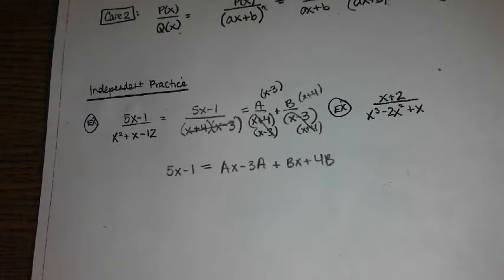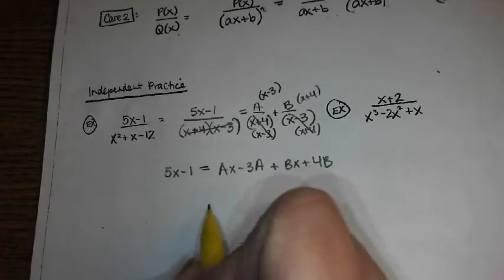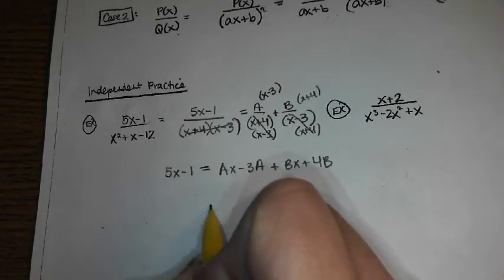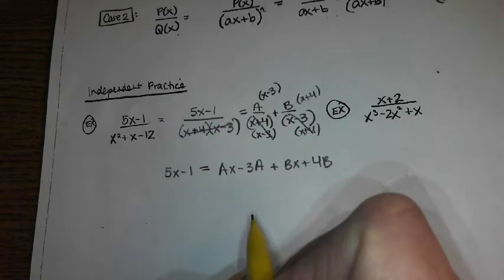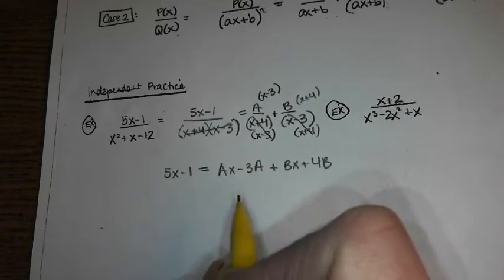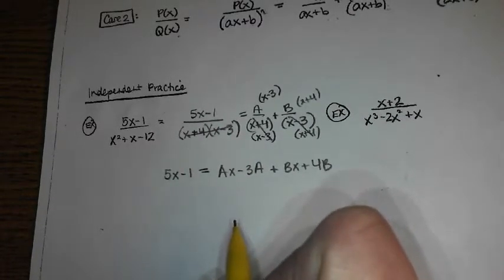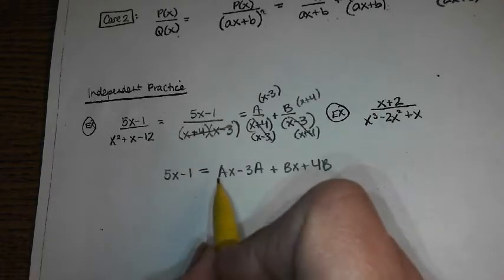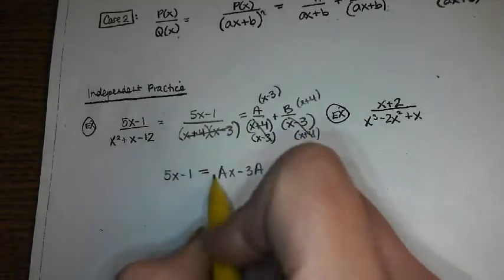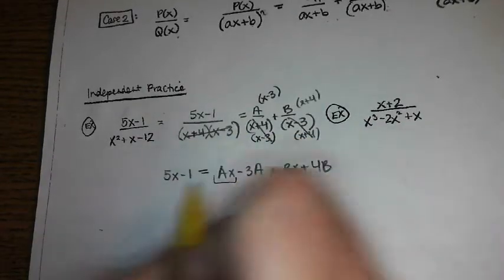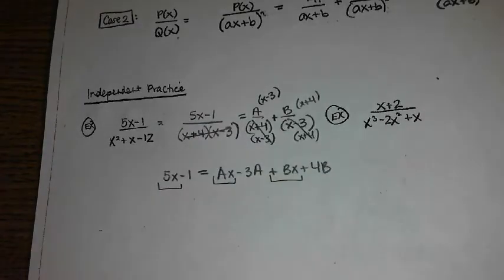Nathan Z, what's your system? So he's got the ax plus the bx has to equal 5x. So what's the equation with just a's and b's and without the x?